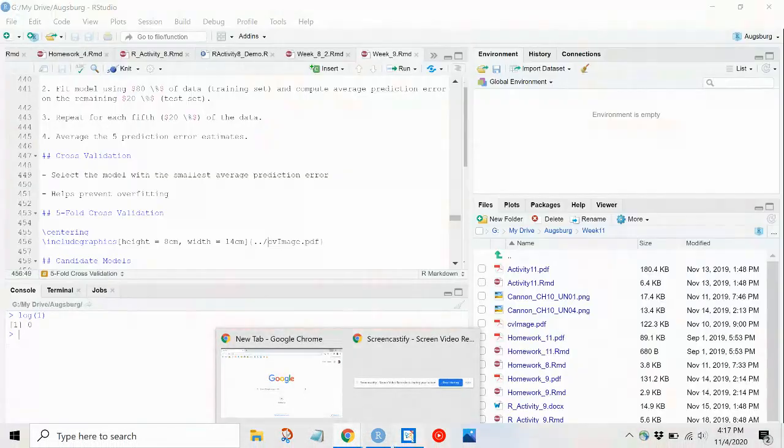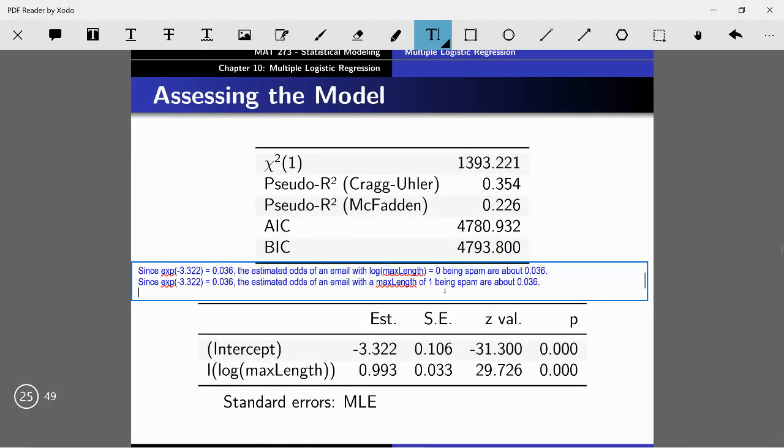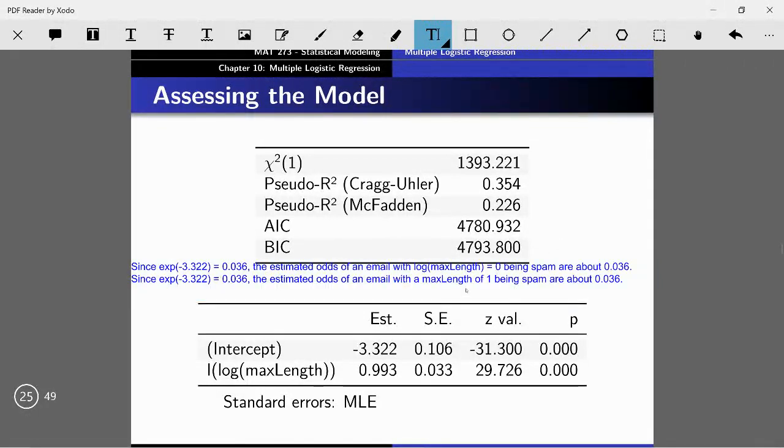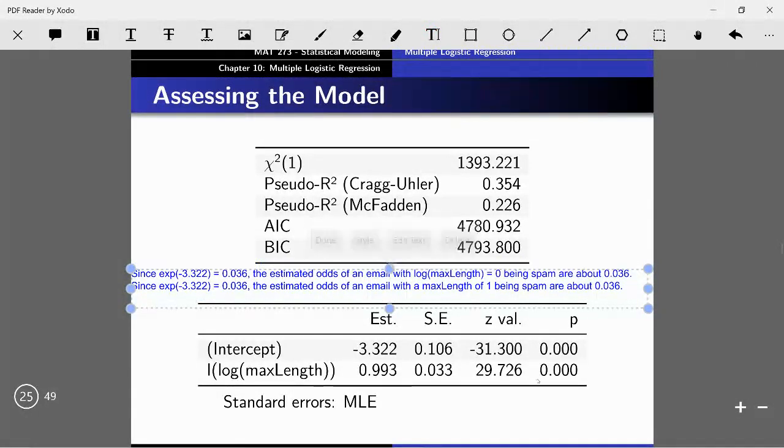So if the log max length equals 0, then max length equals 1. Okay? So we can interpret this intercept term without it needing to be on the log scale.